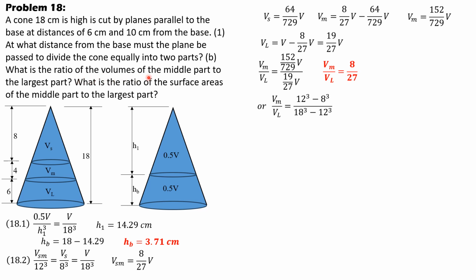Part C is the ratio of the surface areas of the middle part to the largest part. We just replace 3 by 2 because it is a ratio of surface area, so these should be squares.